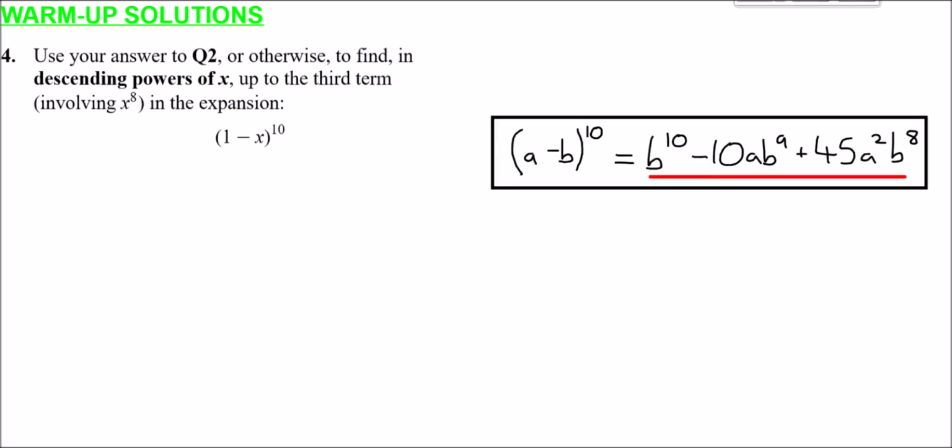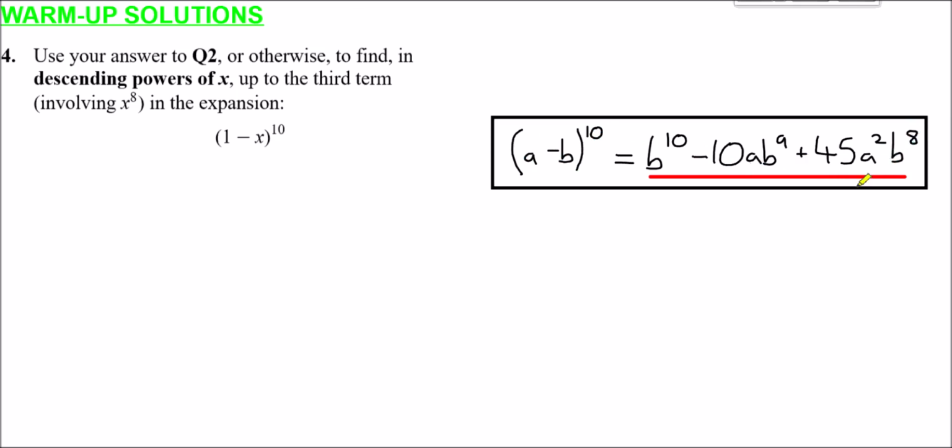And so, of course, what I did here is we said that a minus b to the power 10, we said that was the same as minus b plus a to the power 10. Regardless, this is what we had as our result from what a minus b to the power 10 would be, up to the term in b to the power 8.